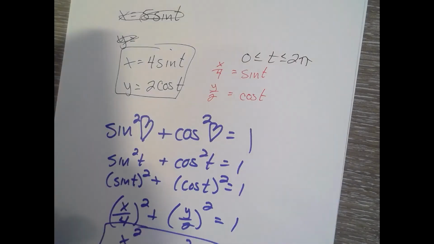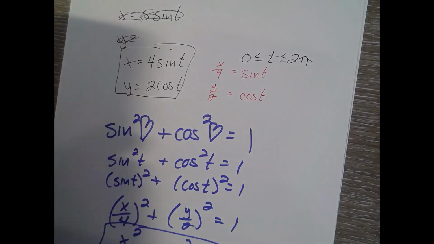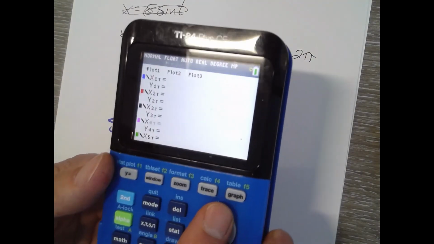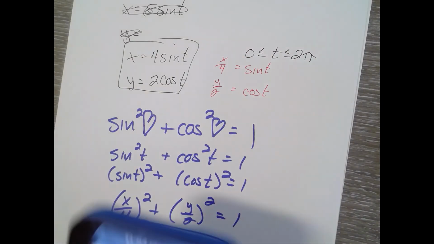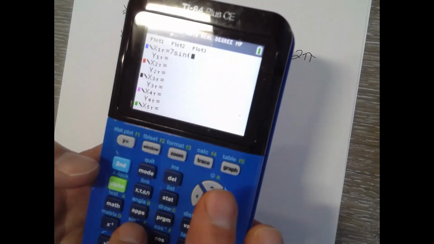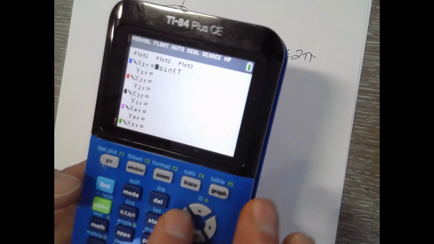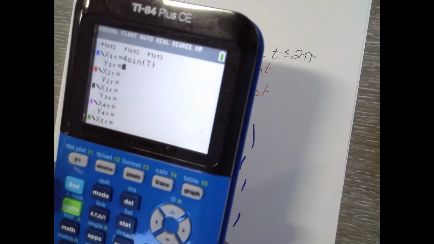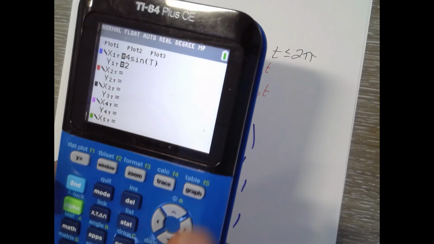Okay, go ahead and enter those two equations. So hit y equals, and you notice that it's both x and y in terms of t. My x is 4 sine t, and my y is 2 cosine t.